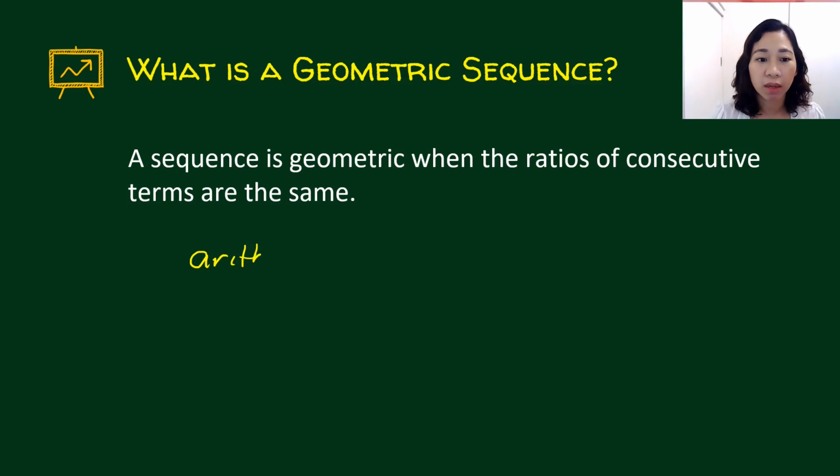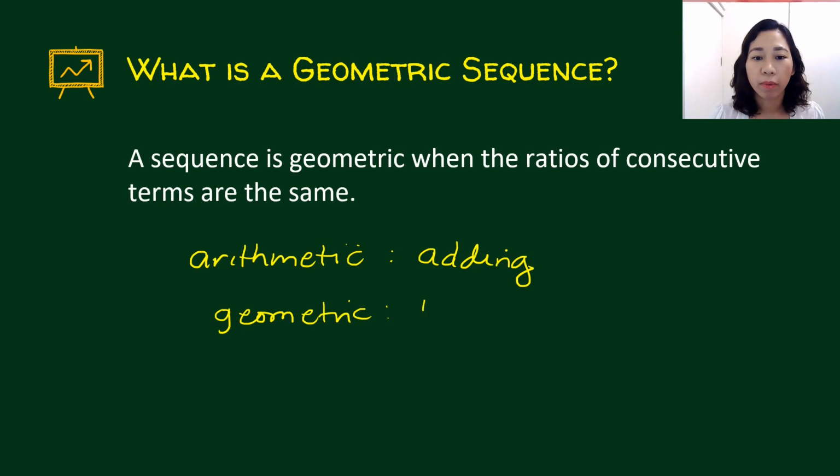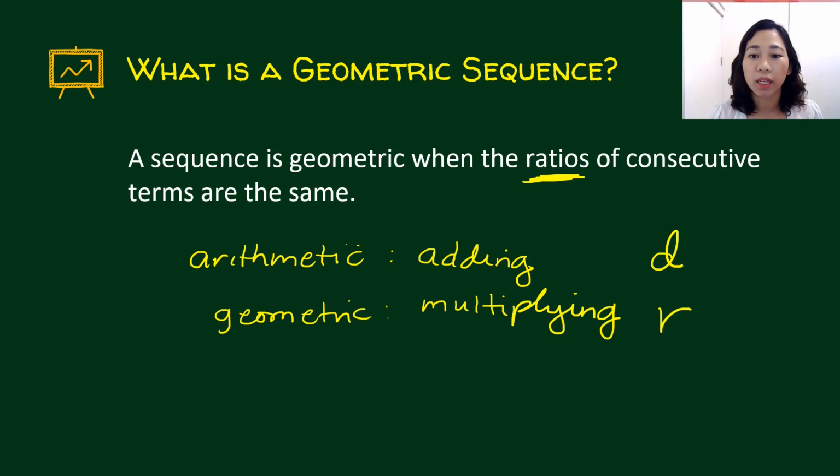For arithmetic sequence, you keep on adding. For a geometric sequence, you keep on multiplying. That's why for an arithmetic sequence, you have a common difference D, whereas for a geometric sequence, this ratio here, which we will call the common ratio, will be denoted by R.